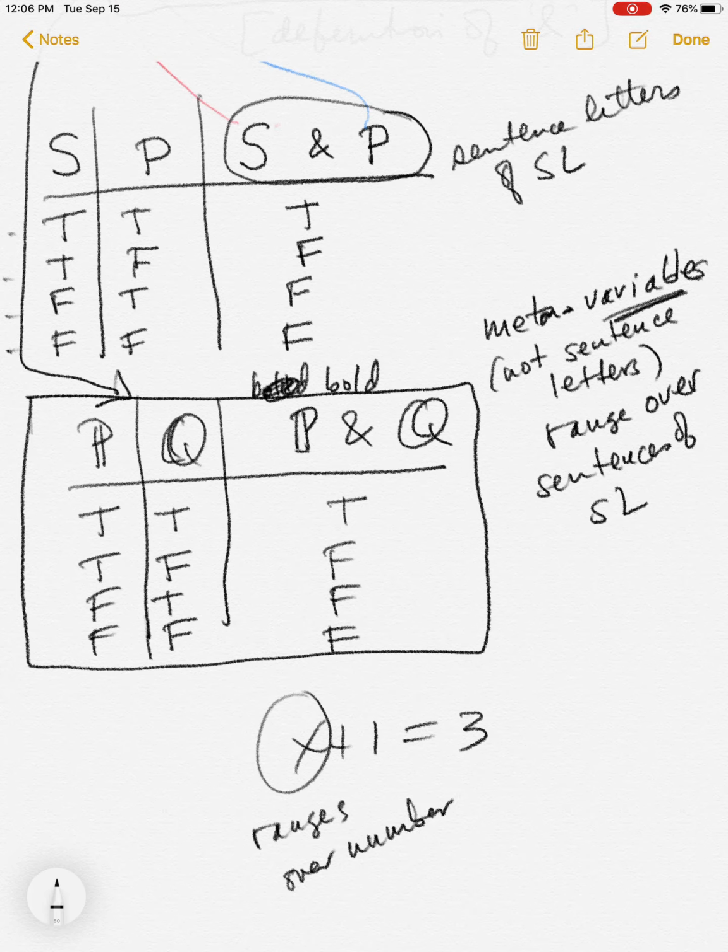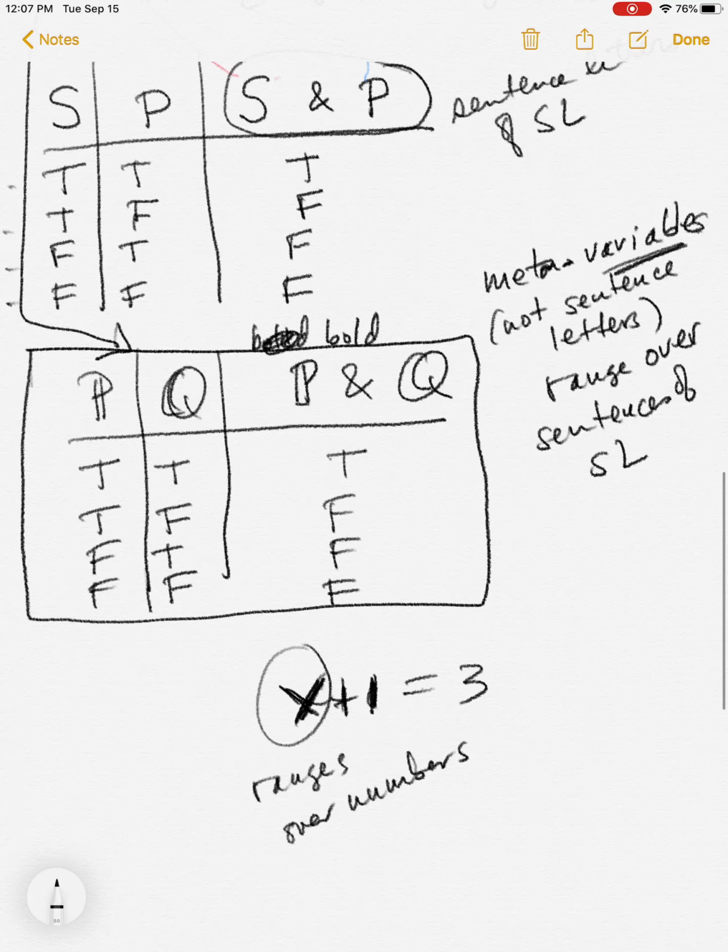It's not a number itself, right? It's a variable that we use to range over numbers. So this says that no matter what number you pick, if you add 1 to it, the sum is going to turn out to be 3. And then you can solve and say, oh, well, then that x has got to be 2. Okay, so these are variables in the same sense as the variables that you've encountered in algebra and so on.